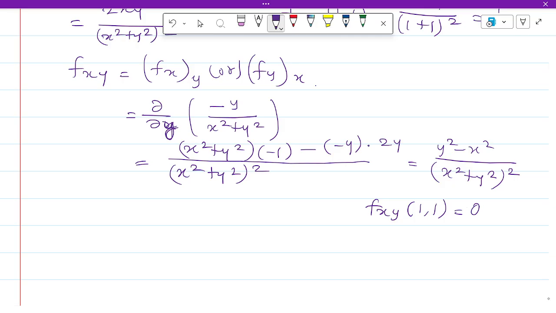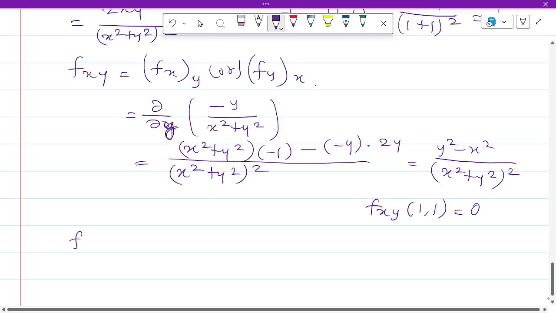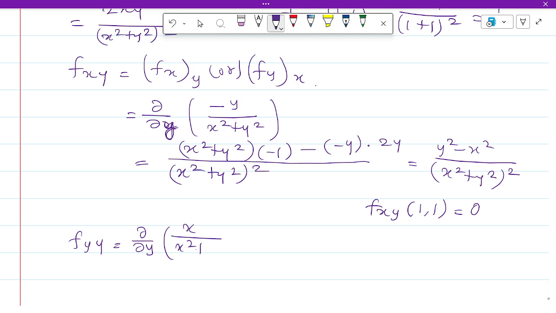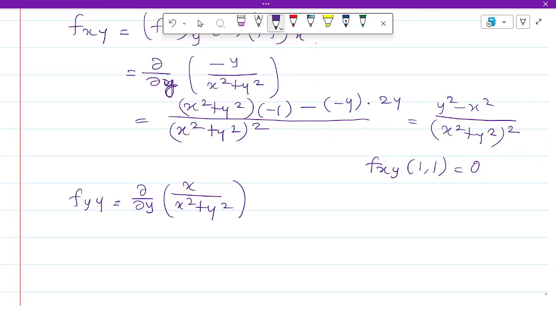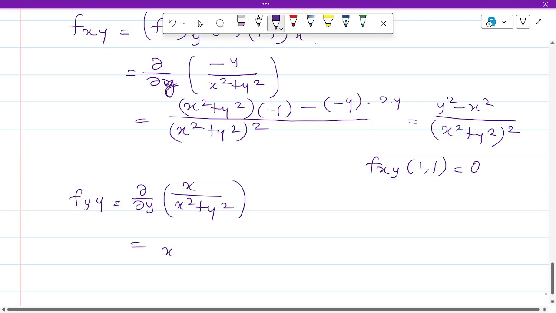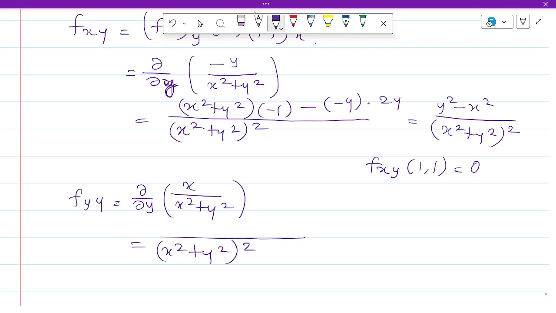Okay, next we have to find that fyy. That means differentiate dou by dou y with respect to y, that means x divided by x square plus y square. In case you are differentiating this, you will get the denominator is x square plus y square whole square. Then keep it that x square plus y square, you are differentiating with respect to y. Differentiation of x is 0 because x is a constant here.